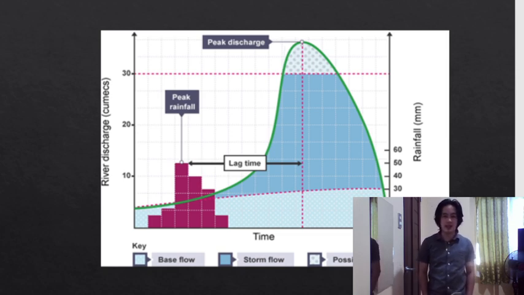The river discharge is measured in cubic meters per second, then the precipitation is measured in cm or mm, which stands for millimeters.